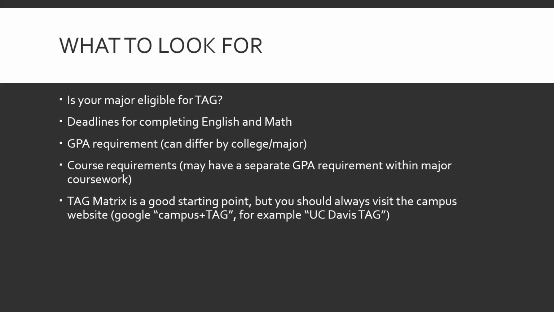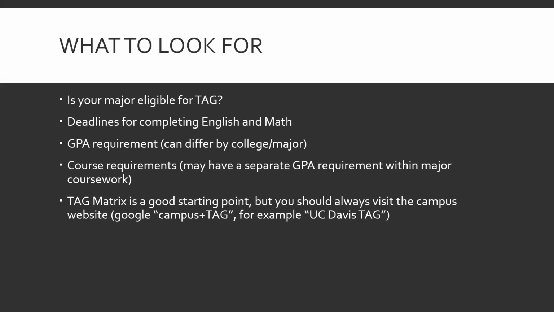Each major at UC is going to have major preparation that you need to complete prior to transfer, and some of those classes may be mandatory for you to take in order to be eligible for TAG. We'll talk a little bit later about how to find those requirements, but just know that select majors will need you to complete course requirements.